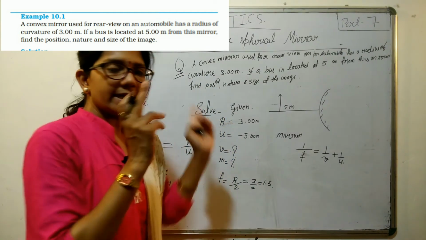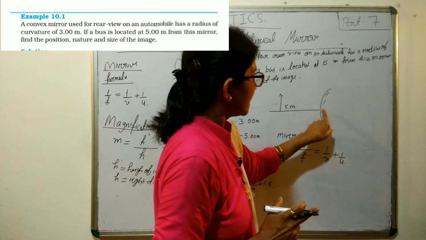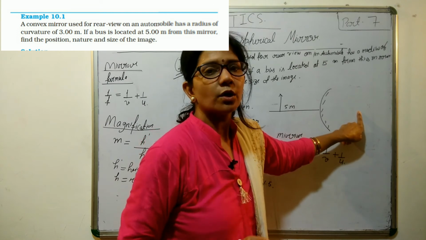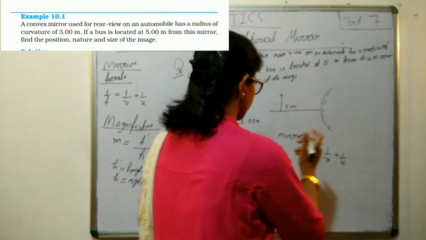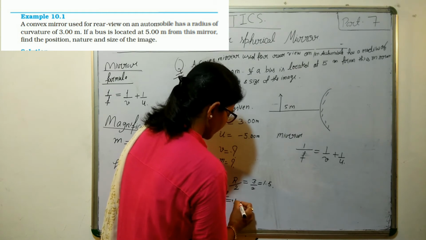Now recall that in case of a convex mirror, f will be positive. So f is equal to plus 1.5.